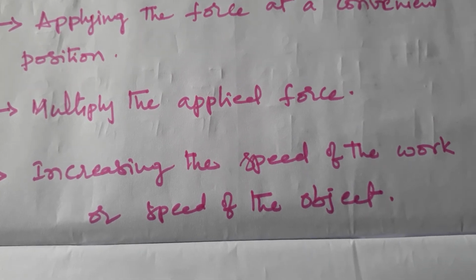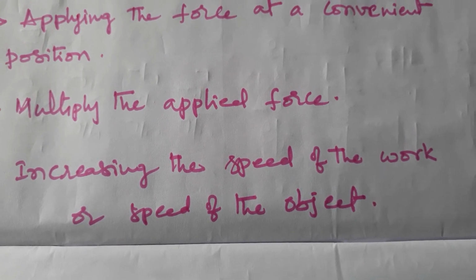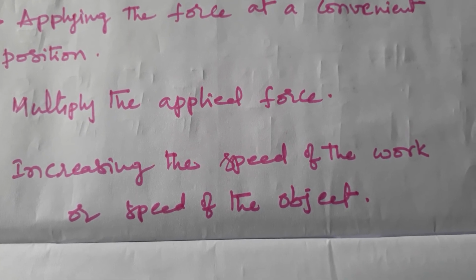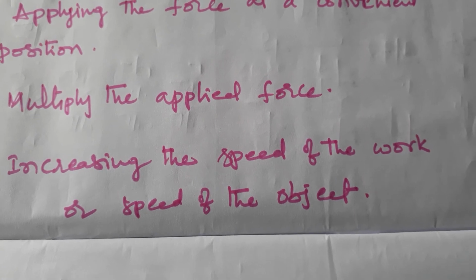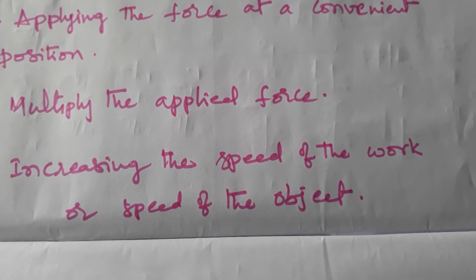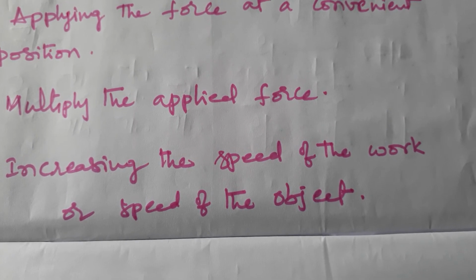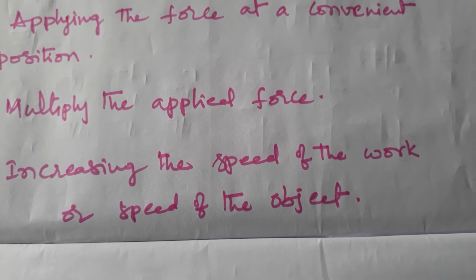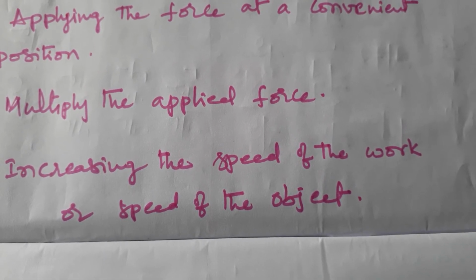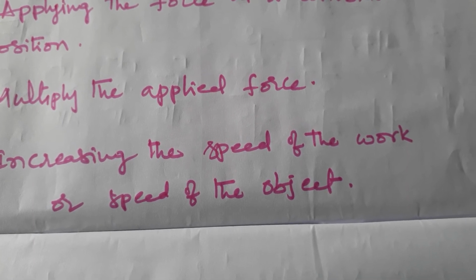Next one, increasing the speed of the work or the speed of the object. If we do work directly without any machine, it takes so much time. If we use a machine to do the work, we can complete it faster. Objects can also move faster, for example, with a wheel and axle.